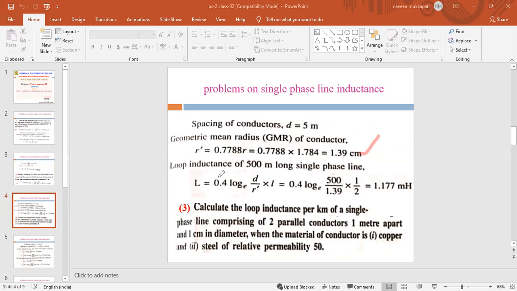After that we calculate the inductance for a length of 500 meters long.